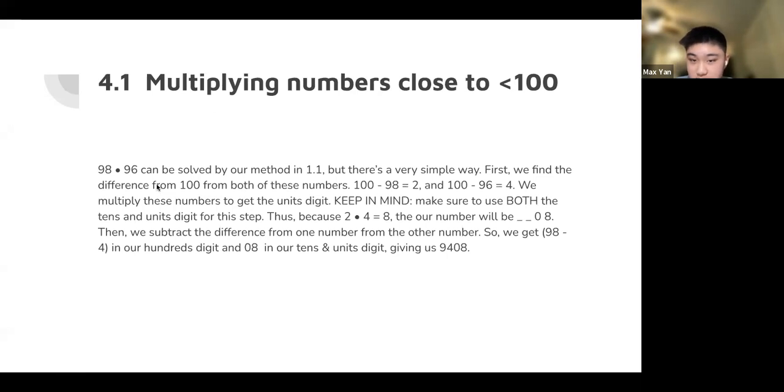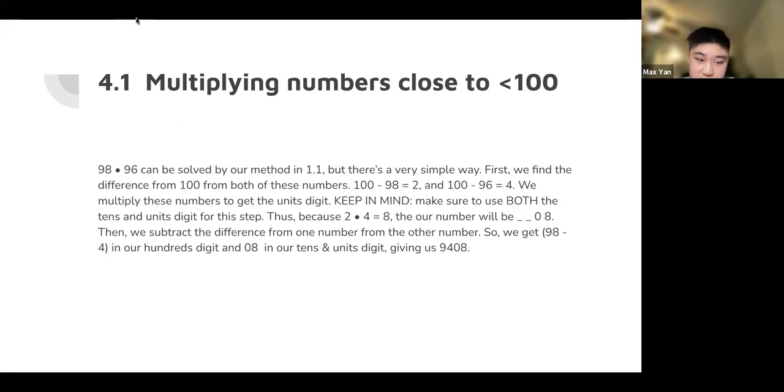So now we're going to multiply numbers close to but less than 100, say 98 times 96. We could solve that using our method in 1.1, but we have simpler ways. First, we find the difference from 100 for both of these numbers. 100 minus 98 equals 2. 100 minus 96 equals 4.